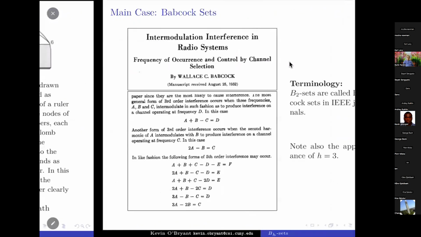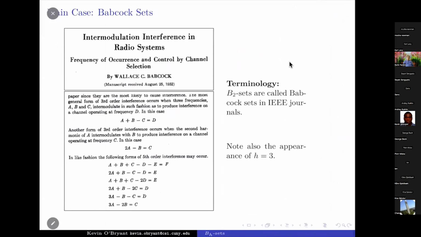Another earlier occurrence, this is from the 1950s, shows up in electronic engineering. So the problem was to assign radio frequencies in a way where they wouldn't interfere with each other. And Babcock is worried about third order intermodulation interference that occurs when you have three frequencies that satisfy an equation like this.